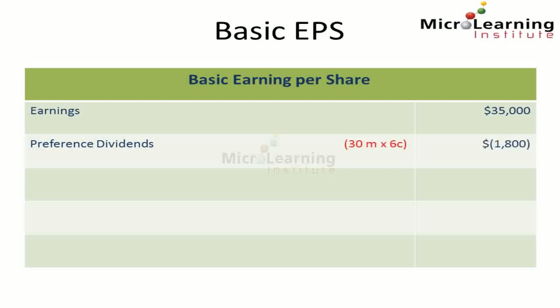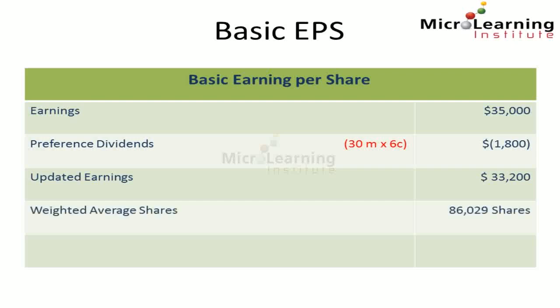We have 30 million preference shares in circulation, and each of those is entitled to a 6-cent per share dividend. So we need to deduct 1.8 million from the reported earnings figure of 35 million, giving us an updated earnings figure, eligible for basic earnings per share, of $33.2 million.